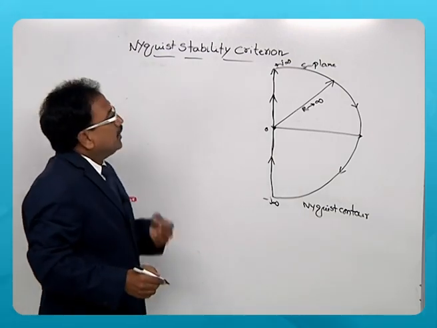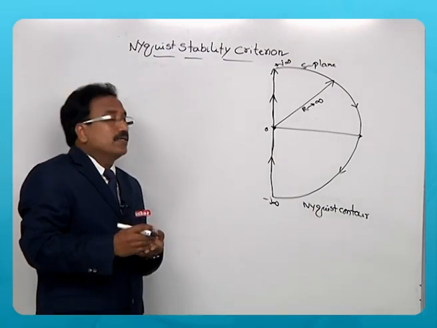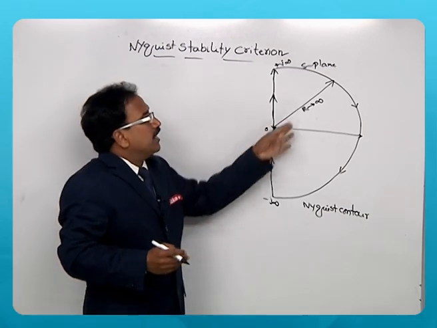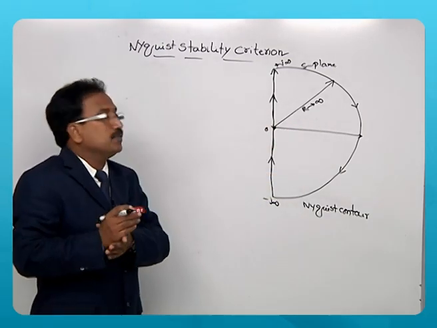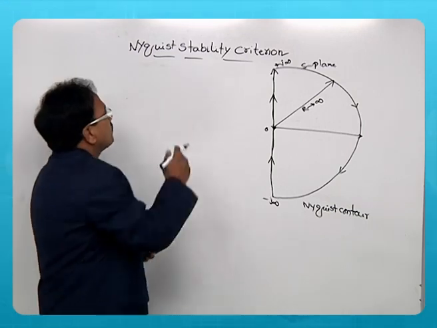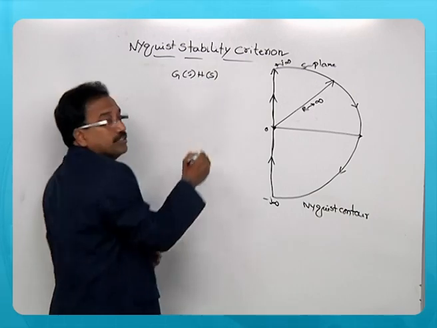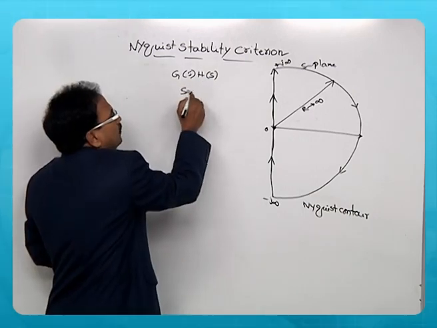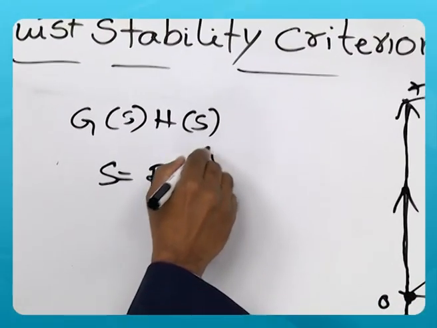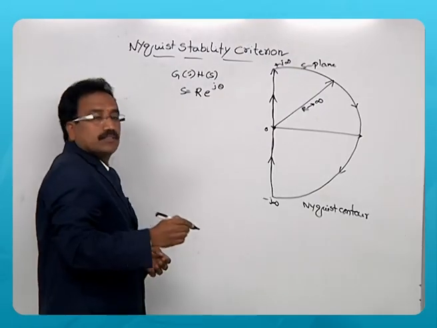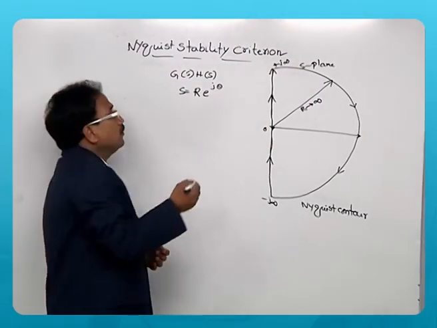Whenever we map every portion of the Nyquist contour into the G(s)H(s) plane, we substitute in the G(s)H(s) function the value s as r e power j theta to cover the entire right half of the plane.